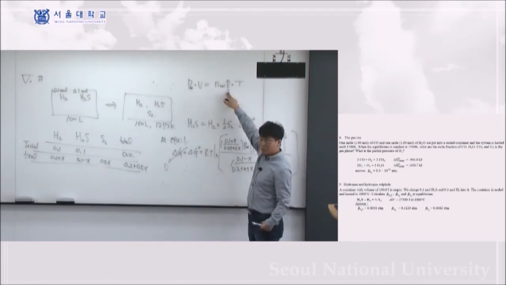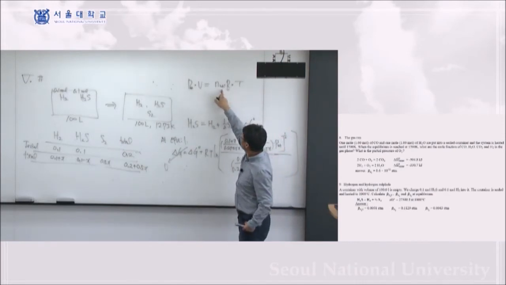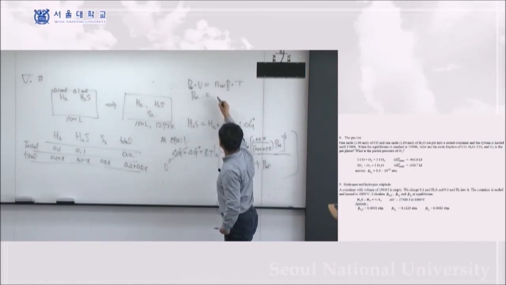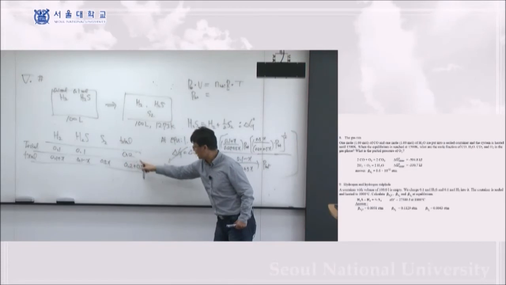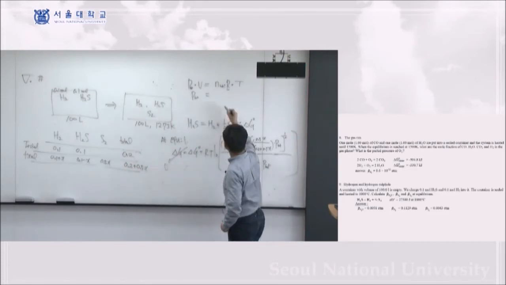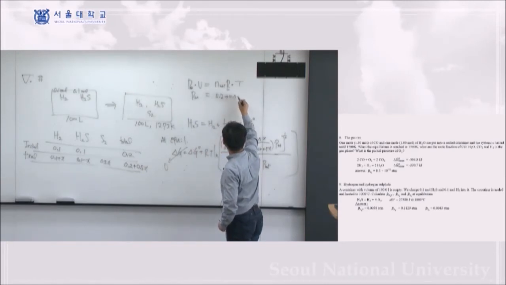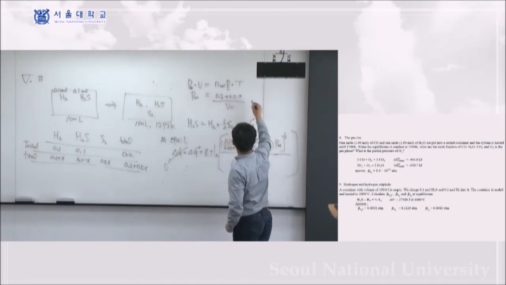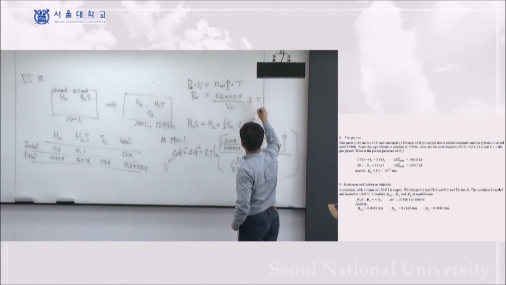So when you use 0.082, sorry, and then N total, so P total equals N total, the final gas amount, the number of moles of the final gas, 0.2 plus 0.5 X, times R T over V total.